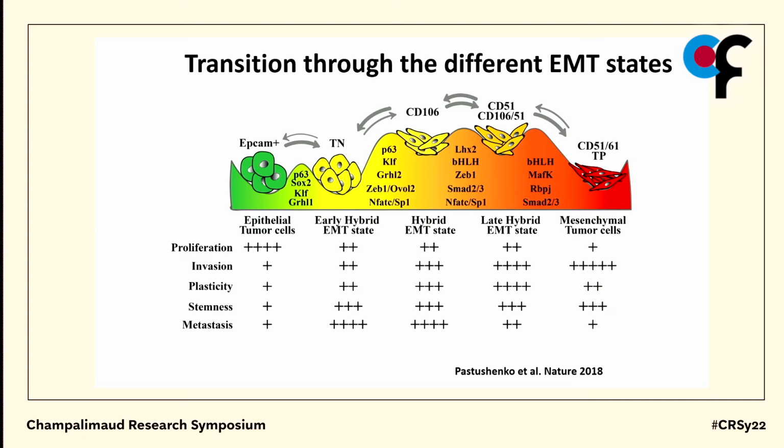Nevertheless, some tumor states are more stable than the others, and in particular, the early hybrid population and the late EMT population. The epithelial are the most proliferative. The early hybrid and the hybrid EMT state are the most metastatic. And the late hybrid and the late mesenchymal tumor cells, the pure EMT tumor cells, are the more invasive, but are not the more metastatic.